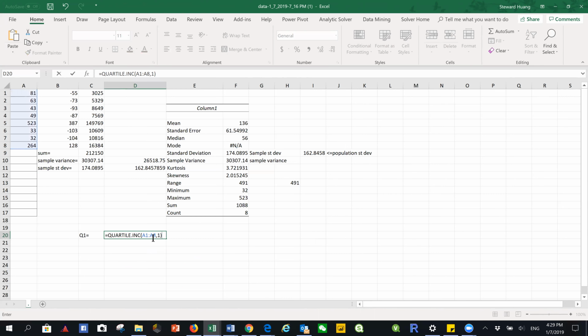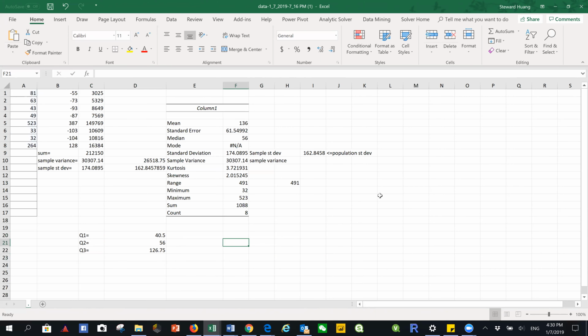What I will do is click on function key F4, and you will be able to add the $ sign. Why do I use this $ sign? Because I want to make copies. Then Q2 and Q3. So now I can make copies, and then change the values to 2, change the value to 3.